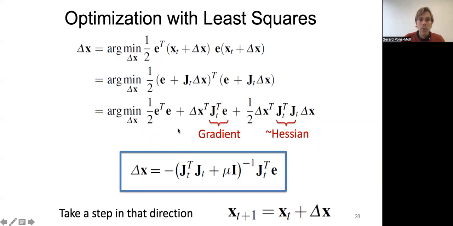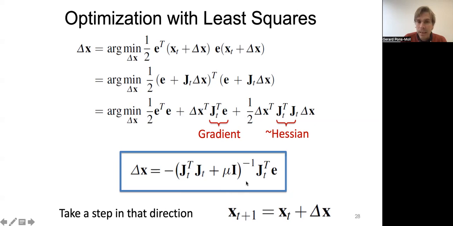All right, so what we can do is take derivatives and set them equal to 0 in order to obtain the following step direction: minus JtJ, ignore this mu I for a second, inverted, times JtE. To go from here to here, we're just taking derivatives with respect to delta x and setting to 0.